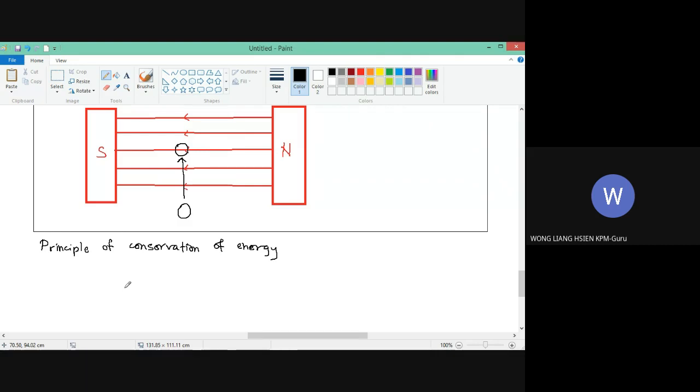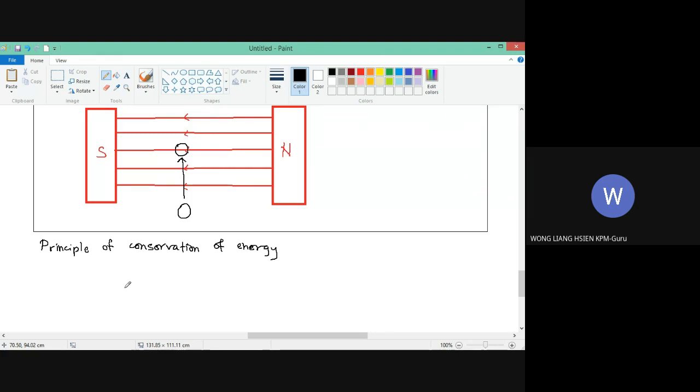So for example, last time in lower form science, you learned about the simple generator. When you rotate the generator, you will get electrical energy.